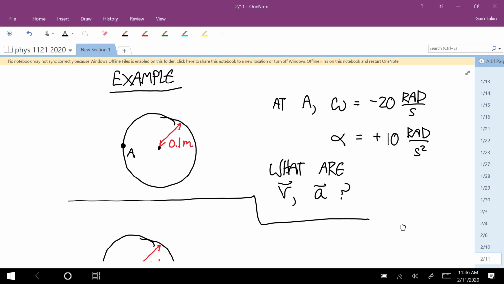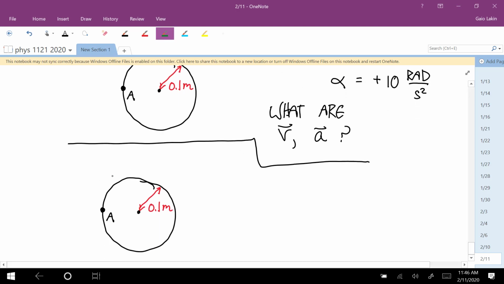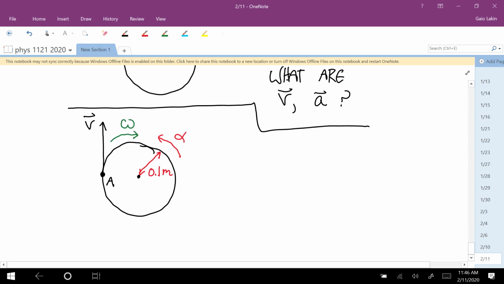The angular velocity is -20 radians per second. So is it moving clockwise or counterclockwise? Okay, so the angular velocity is this way, and that means that the velocity vector is this way. The angular acceleration is positive, so is that clockwise or counterclockwise? Yeah, positive is counterclockwise.